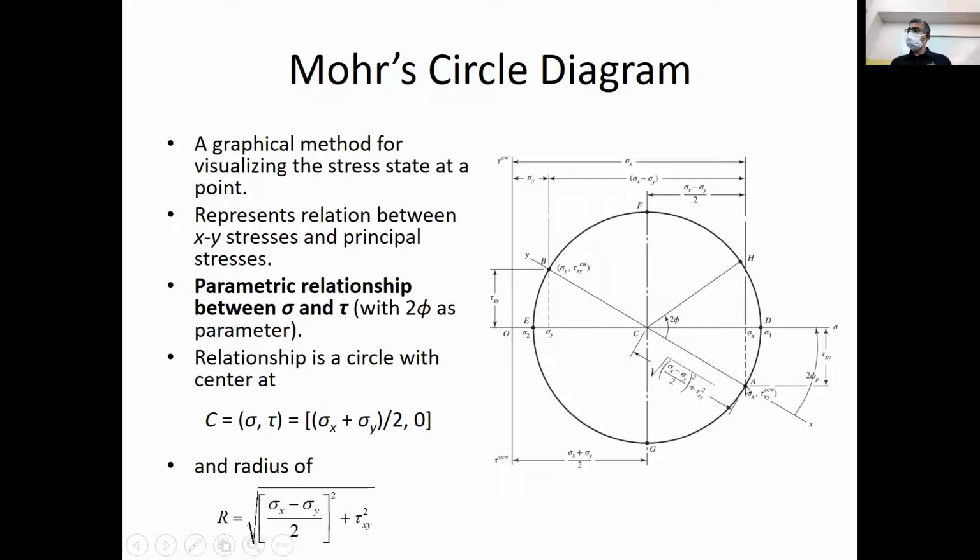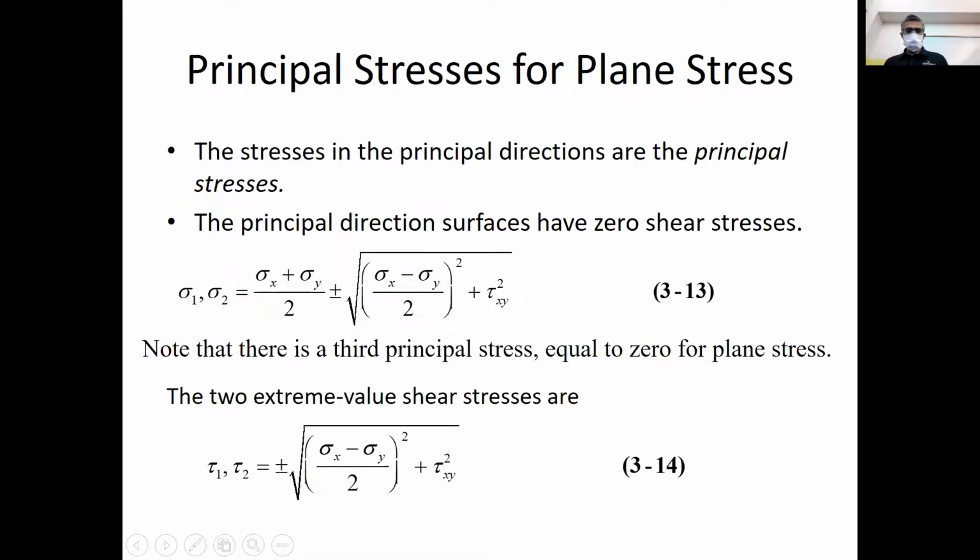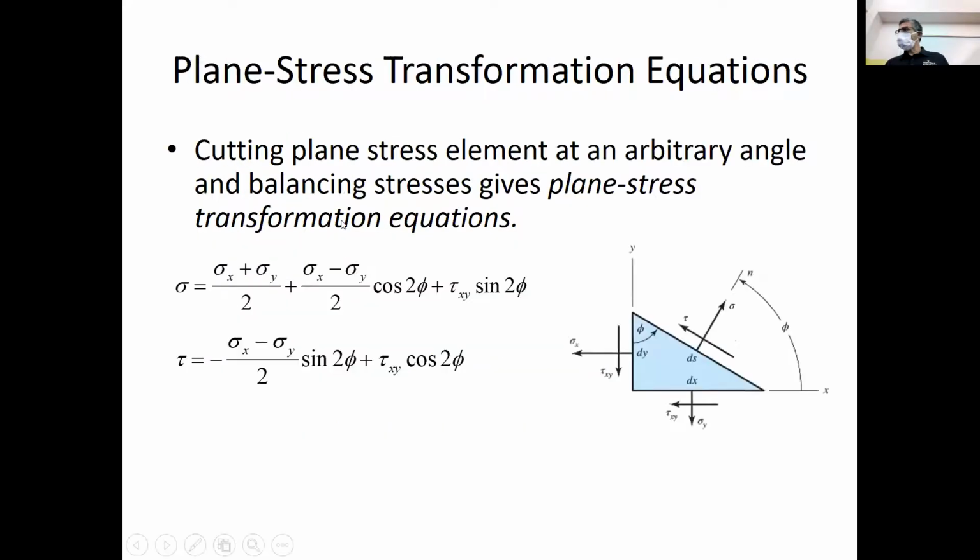So as you can see, this point represents the state of stress on one plane, which is the XY plane. If I am interested in finding the stress at any other plane at an angle from the XY plane, I simply on Mohr circle would go back here again. So let's say I want to go from the x direction an angle phi to find the stress on the n direction.